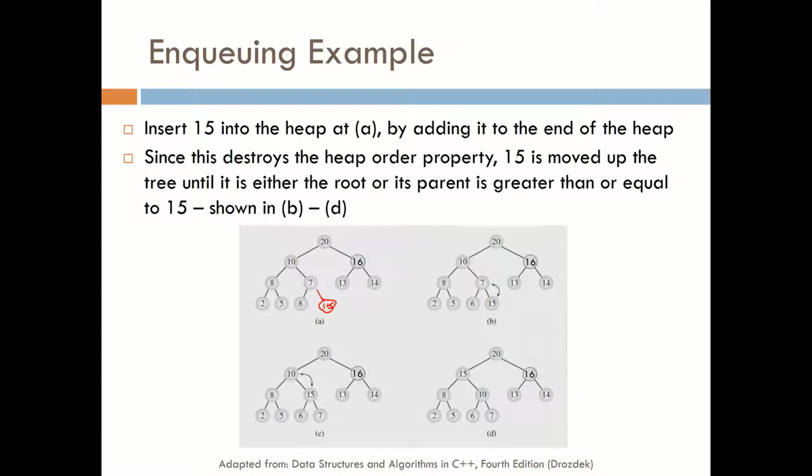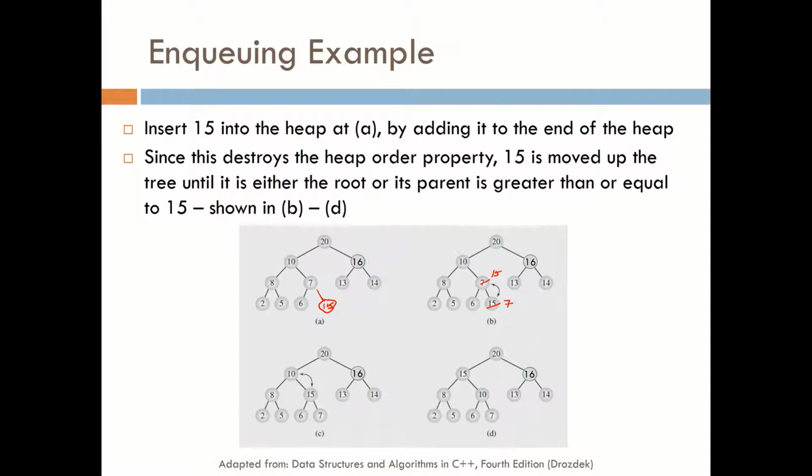It may not make it all the way to the root, but we will look at it, and if this node is greater than its parent, we will make that move. That's the comparison that's going on here, which means we swap these two, and we'll put the 15 here. Now the 15 is here, and we're continuing to heap.